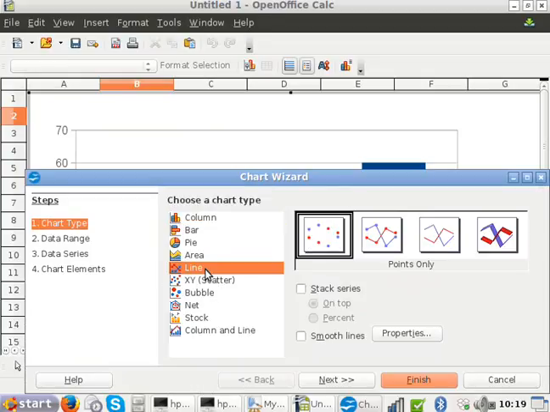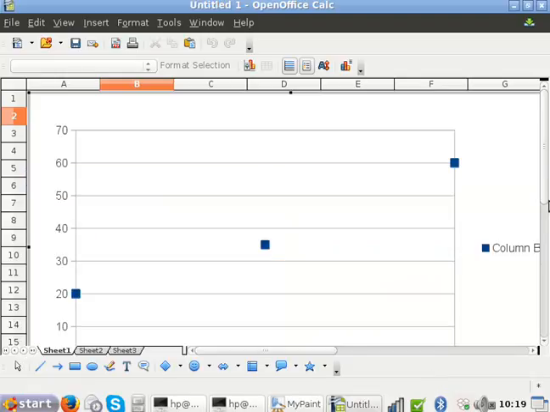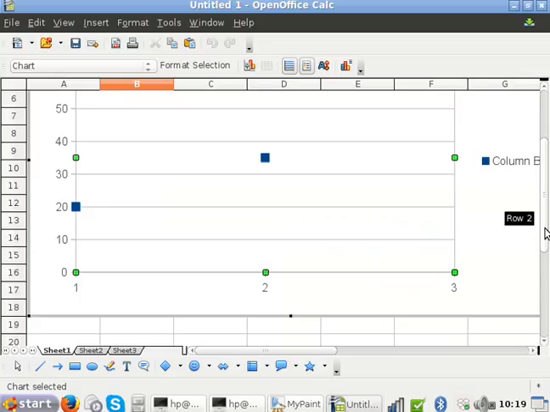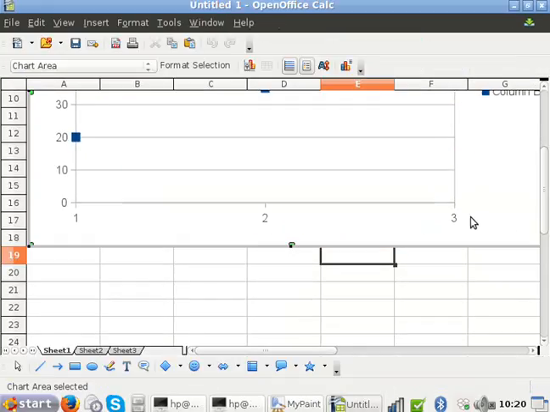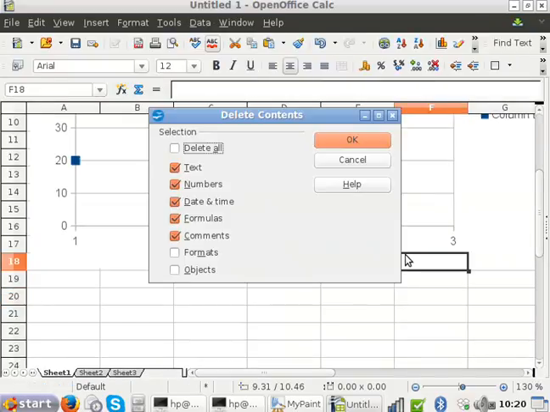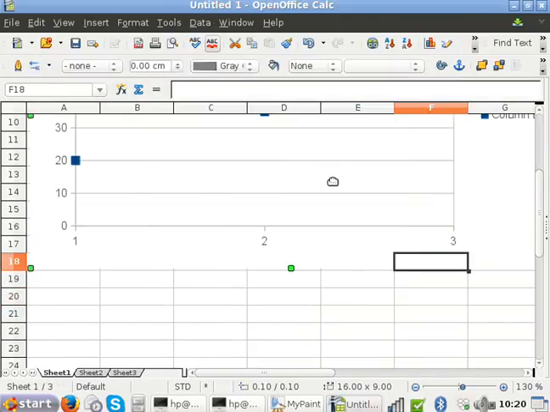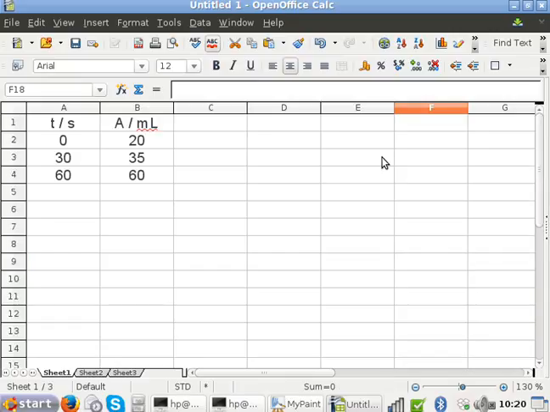Line. The line is there. Now don't confuse your poor tired teacher. Just give him a minute. One more time.